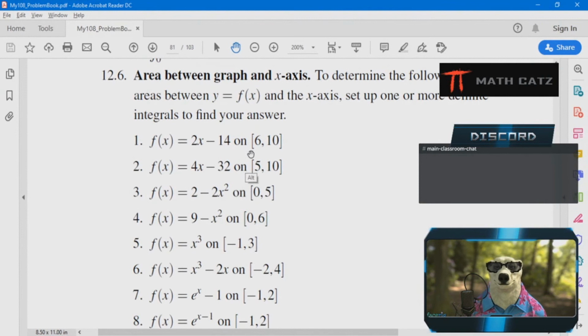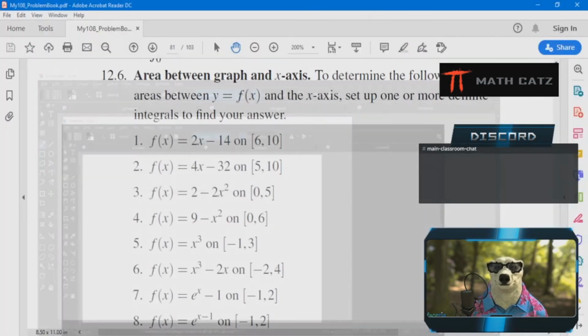Let's just start with the first one. We are looking for the area between the function in question and the x-axis on the given interval. Let's just do the first one, 2x minus 14.